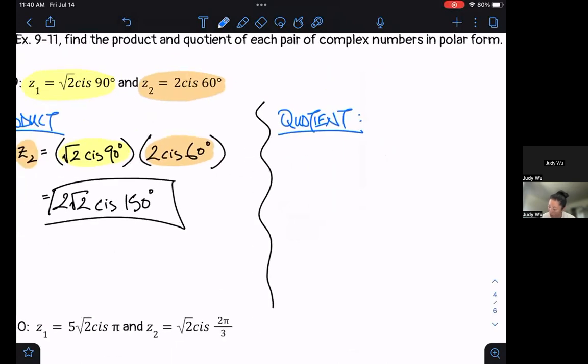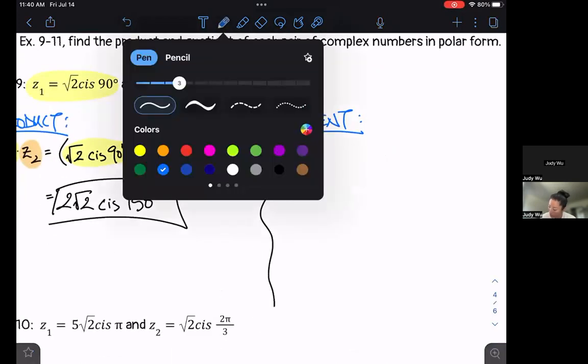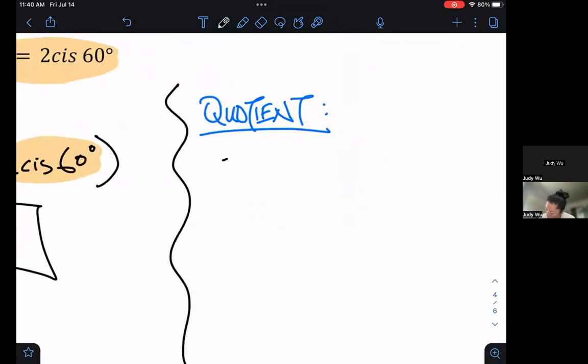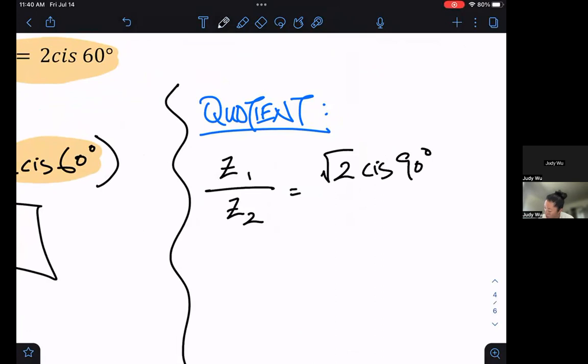All right, so quotient means that we are going to divide them. So if we were going to find Z1 divided by Z2, we would have root 2 cis 90 degrees divided by 2 cis 60 degrees. Here's our Z1, here's our Z2.